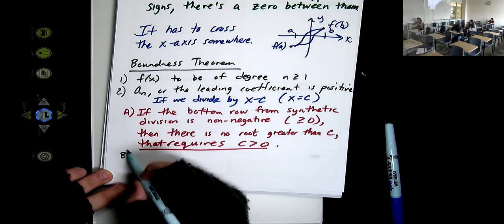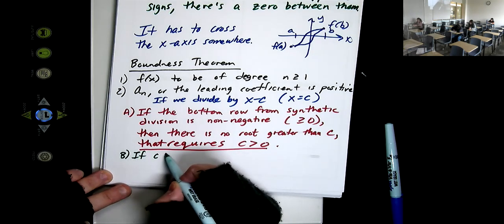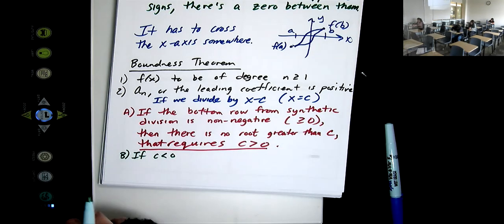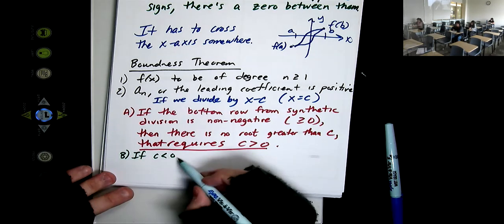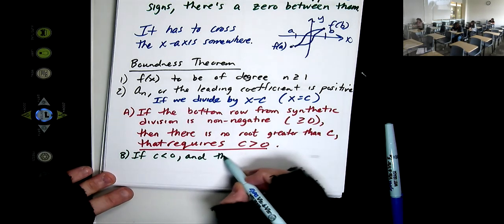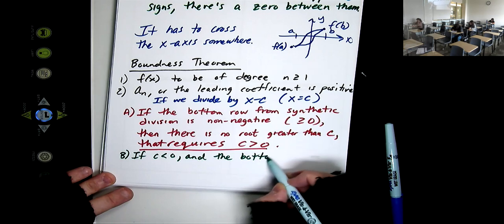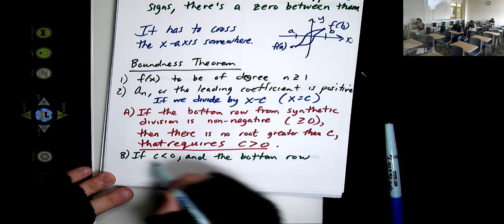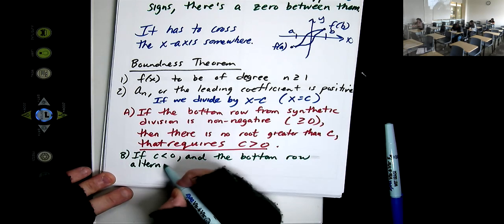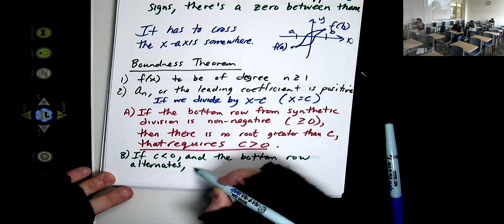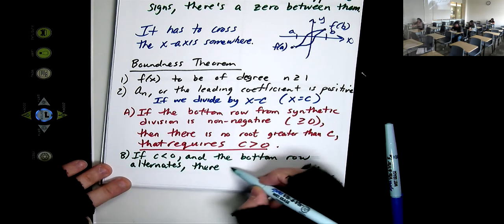Then if c is less than 0, and the bottom row alternates sign, there is no root less than c.